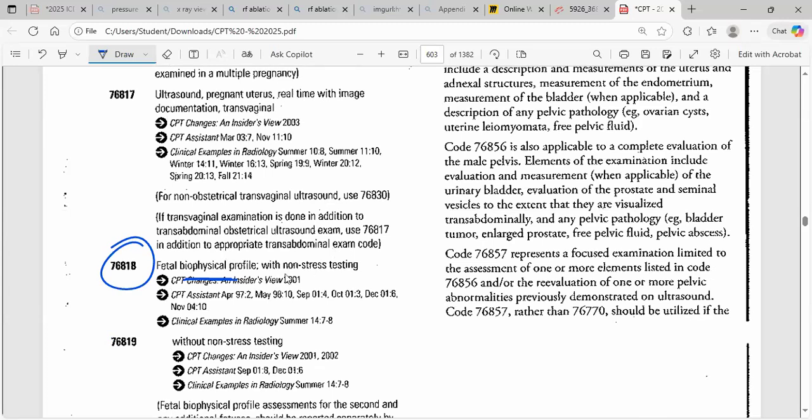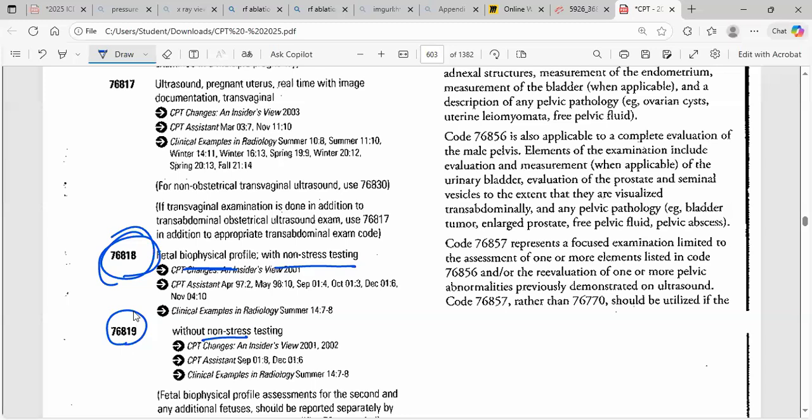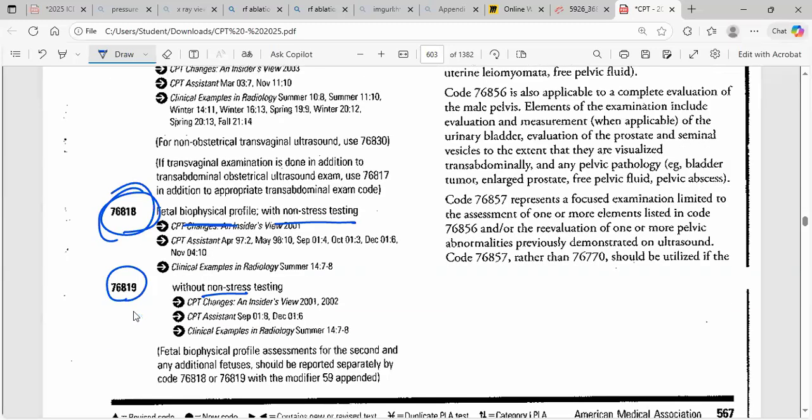If it is with NST, we are going to bill 76818. If it is without NST, it is 76819. So we just have two codes, 76818 and 76819. If the BPP assessment has been performed for the additional fetuses also, then we are going to bill this code separately because here we do not have any add-on code for the gestation.